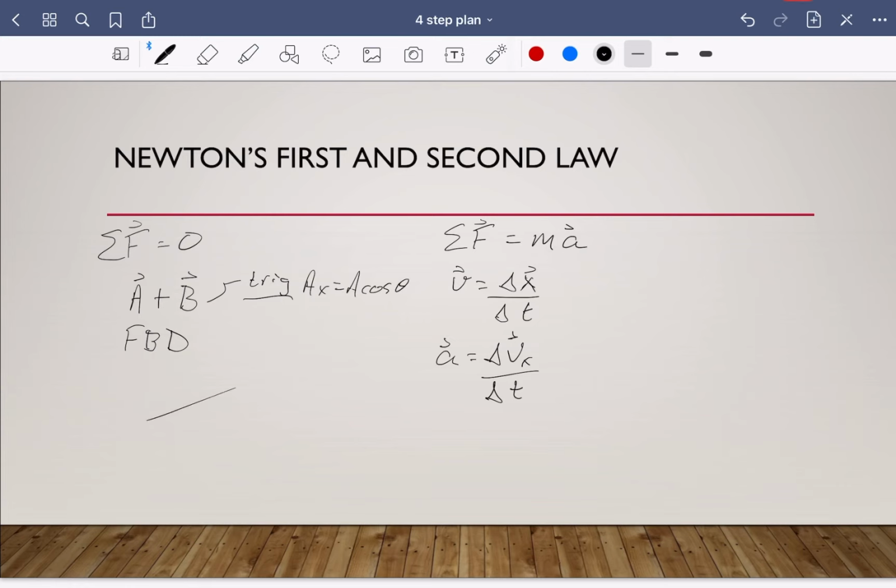So maybe if I have an object on an incline, I can think about the weight going down the ramp, the weight going into the ramp, the normal force, and the frictional force. In Newton's second law, I also have these ideas of what is velocity and what is acceleration, and I have these definitions here. So velocity is the rate of change of the displacement, acceleration is the rate of change of the velocity, and remember that this is my vector notation.